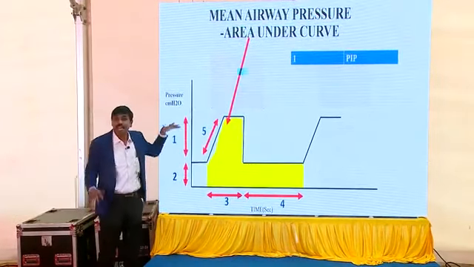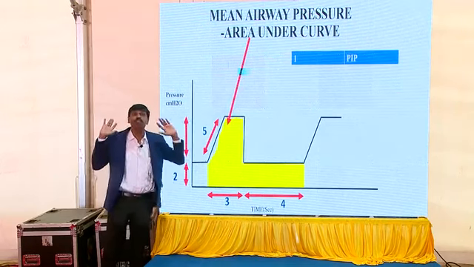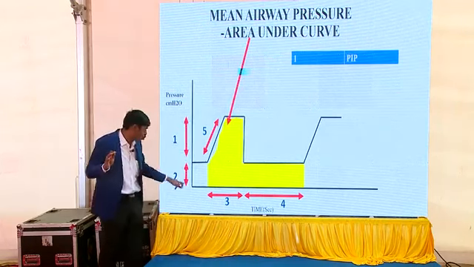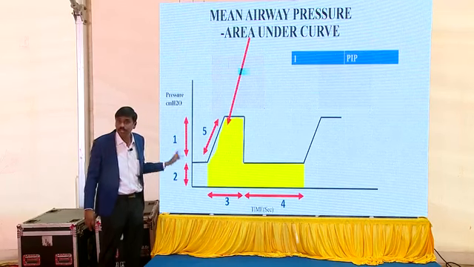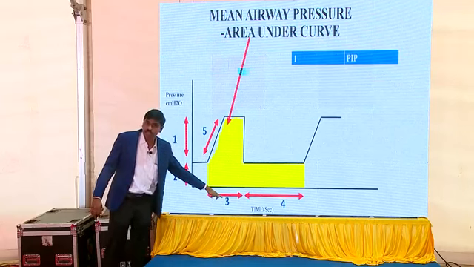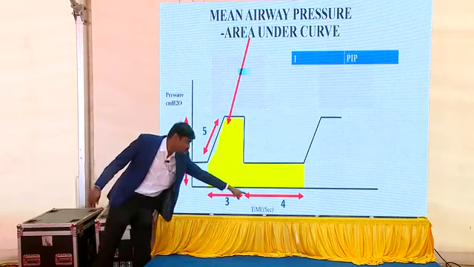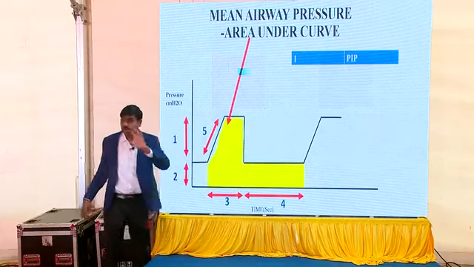This is the maximum pressure, the peak inspiratory pressure, what we call PIP. What would this 2 be? 2 would be the PEEP. That's great. This 3 here would be the inspiratory time, and 4 here is the expiratory time. Great.